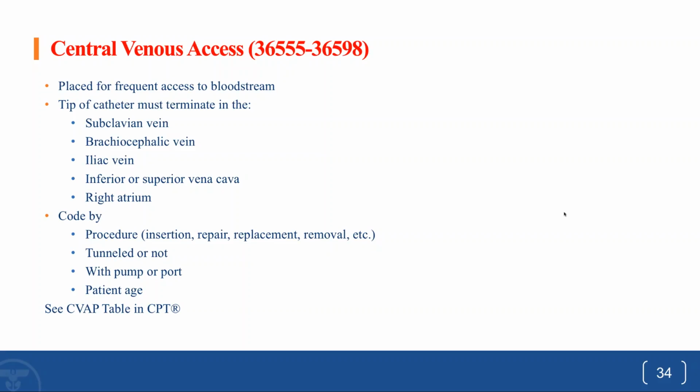Right now we're on page 236, but I'm flipping back to 235 just so I can go over that again. On page 235, at the bottom where it has 36245, this is where the catheter can be placed either in the abdominal, pelvic, or lower arteries.